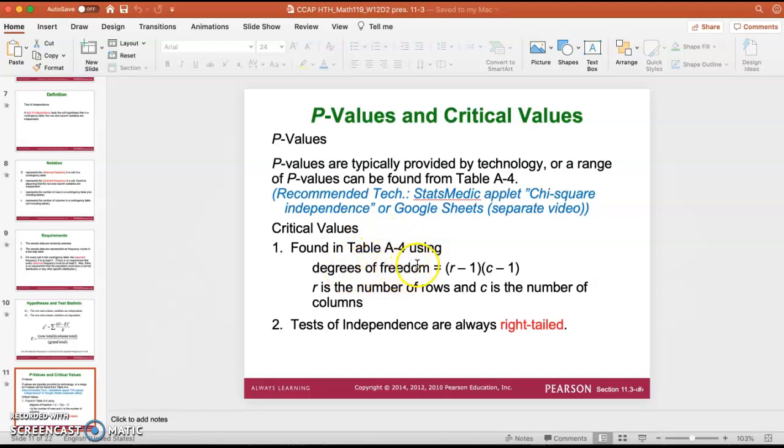This time, instead of using n-1 or k-1, use r-1 times c-1 for the degrees of freedom. So take the number of rows, subtract 1, take the number of columns, subtract 1, then multiply those two numbers together. That's your degrees of freedom. And similar to the last section, these tests of independence are always right-tailed.